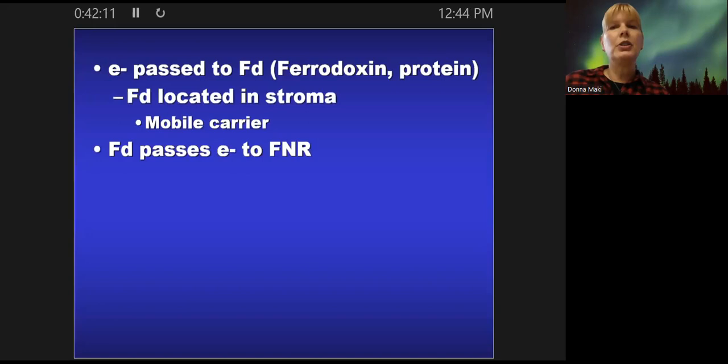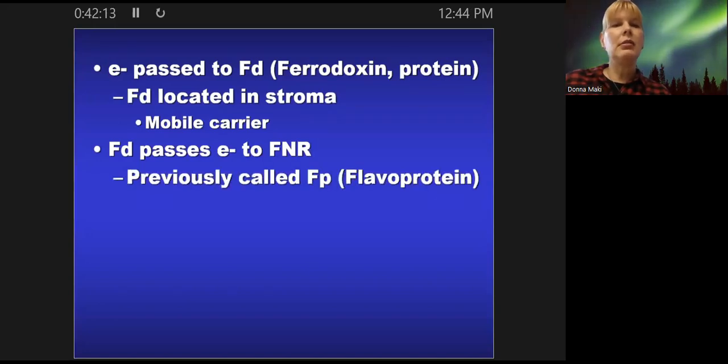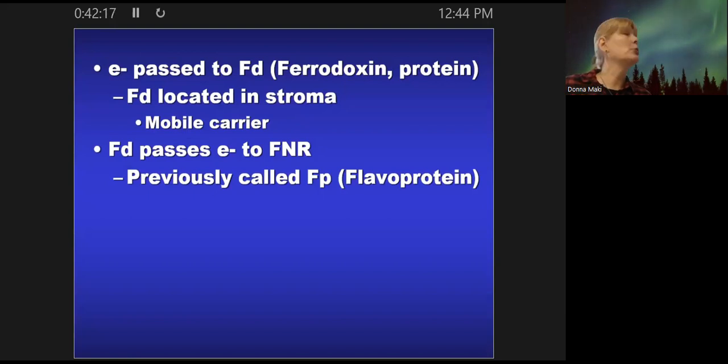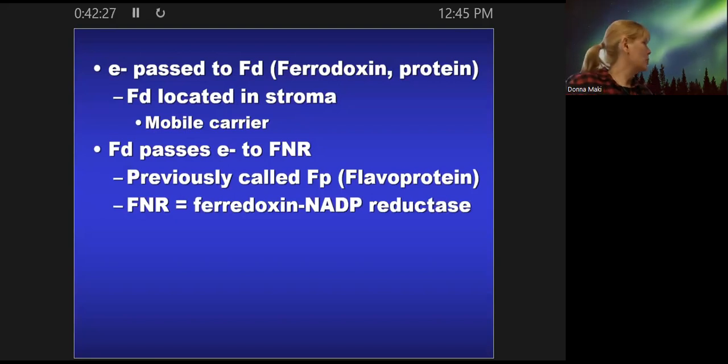FNR, which in previous publications or textbooks they used to call a flavoprotein, but actually FNR is a better way to talk about it because it's more descriptive of what it actually does. So FNR stands for ferredoxin-NADP reductase.